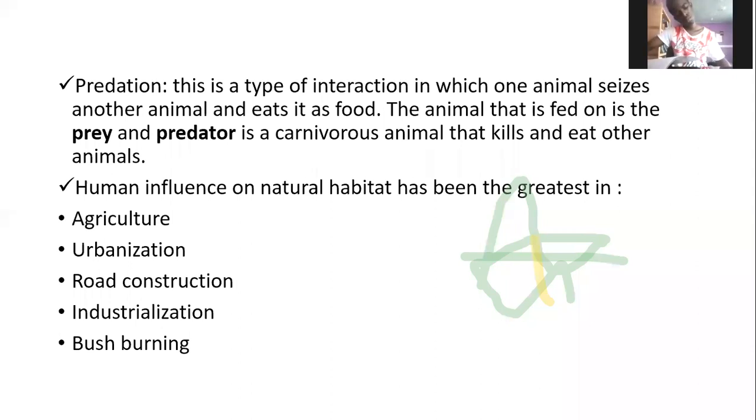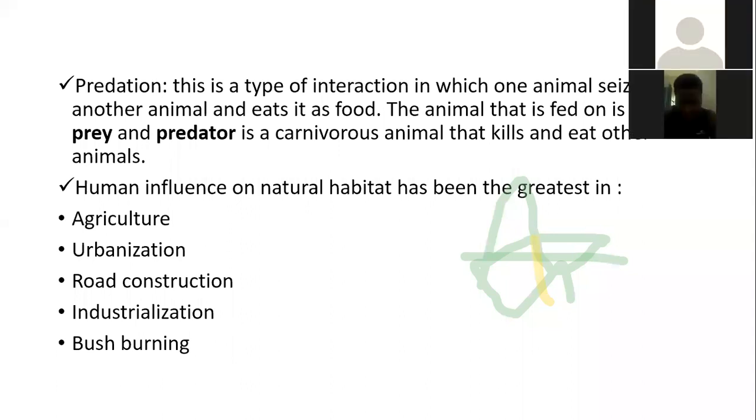But the moment you don't put out the fire that you have set, it gets to the whole farm. That is when it's more disastrous, bush burning. So in a way, our human activities influence organisms and ourselves in our natural habitats. So all these form the biotic component in an ecosystem, the natural and biological components in an ecosystem.